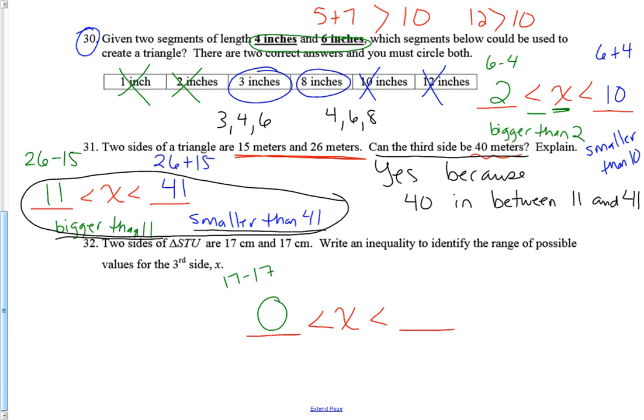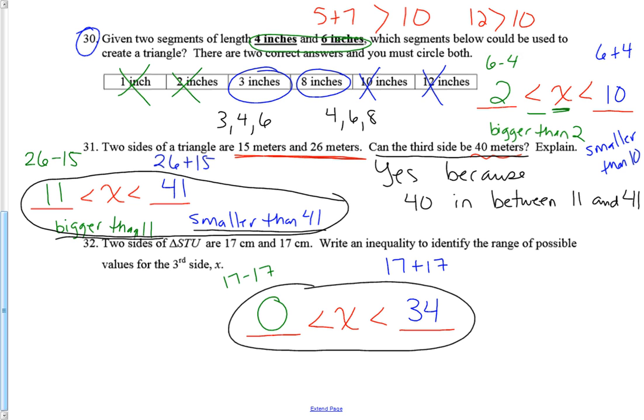It just means that the third side has to be any number bigger than 0. It could be a half, it could be a fourth, it could be 15. Moving on to the other end of the inequality, we add 17 and 17, and we get 34. So this is our answer, that x is between 0 and 34.